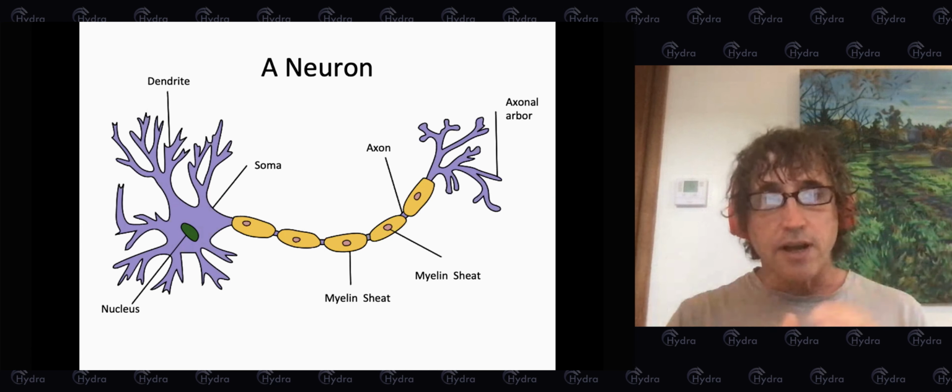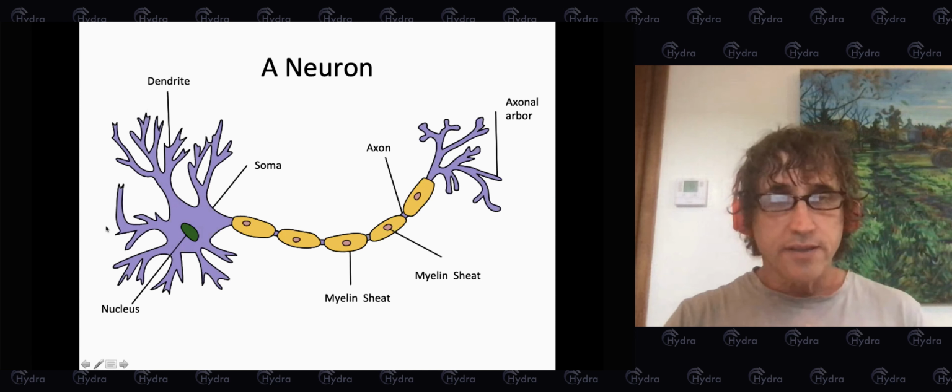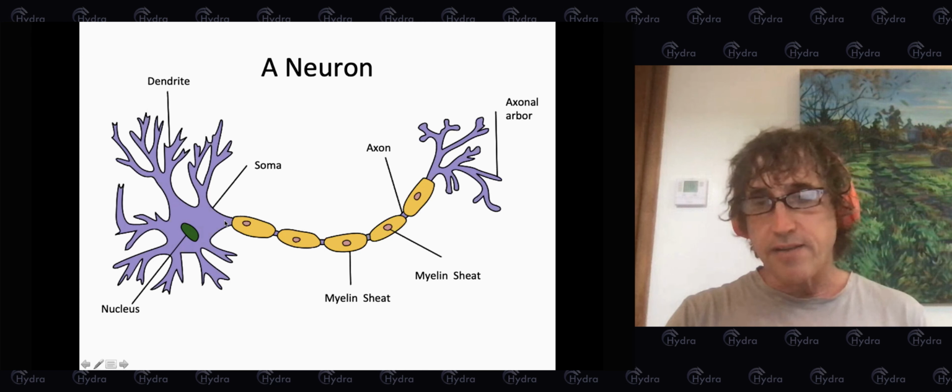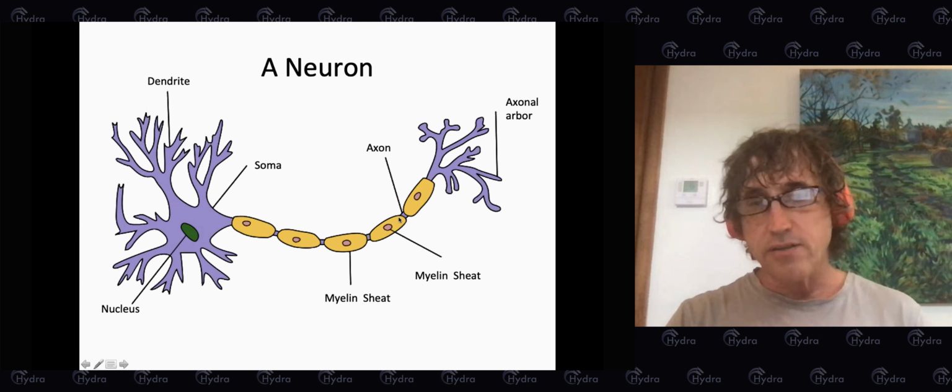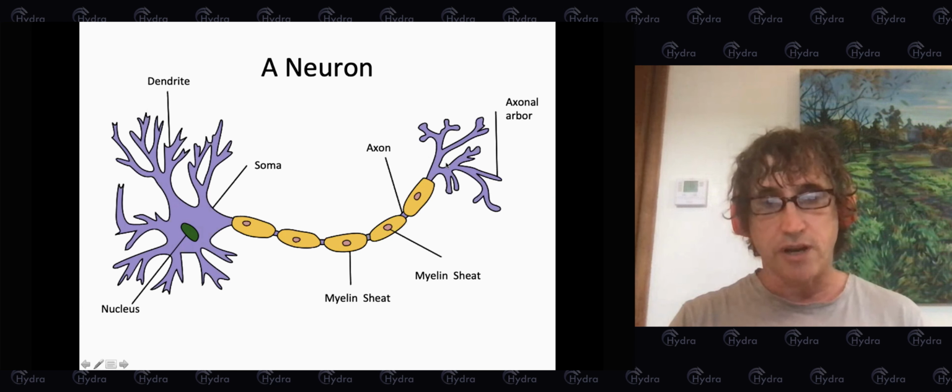A neuron is a cell that has one part called a dendrite, or a dendritic arbor, this whole area, and it has an axon, a piece that extends over possibly very long distances, and then branches out again into a collection of axonal arbors.